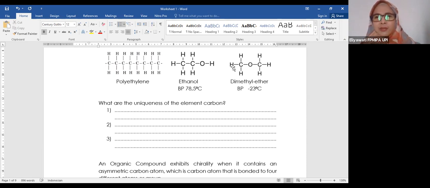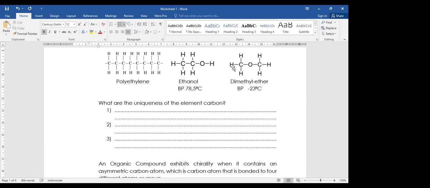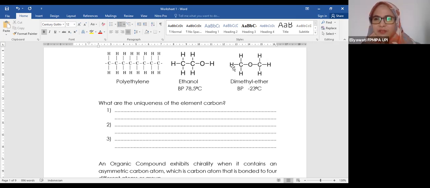How about carbon? Can carbon release electron? It's so difficult, very rare. It's so difficult for carbon to release and also to gain the electron because of the characteristic of carbon.